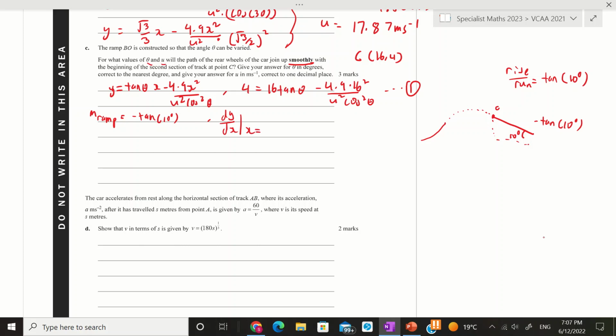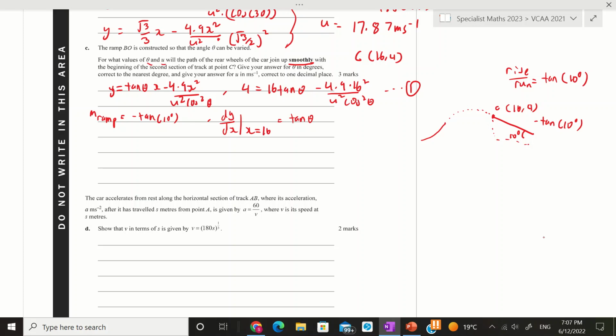We want to find the gradient of the path at the point where it lands at point C, (16, 4). Okay, so let's go ahead and do that. If I take the derivative of this with respect to x, I just have tan theta, because remember we treat every other variable as a constant. So I just end up having tan theta.